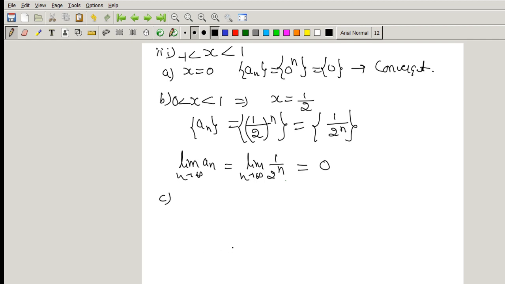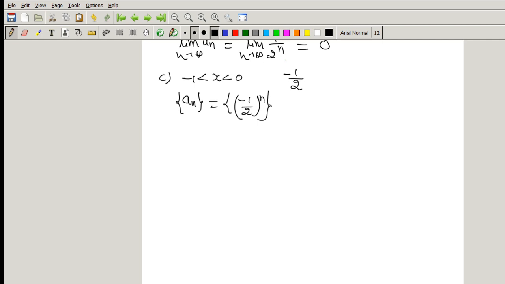When x lies between minus 1 and 0, this is something like minus 1 by 2. Here the denominator is also greater than the numerator, but with negative values. So a_n is nothing but minus 1 by 2 whole power n.